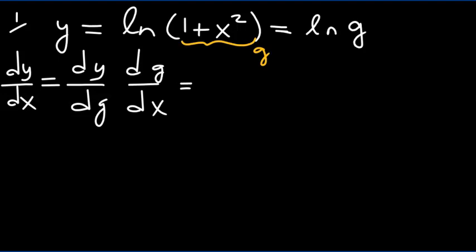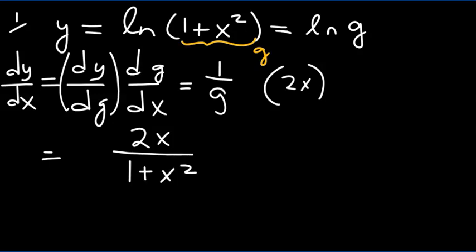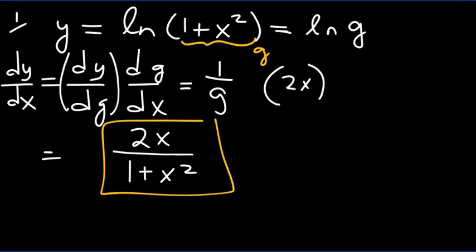So dy dg is 1 over g, according to the result that we have just presented a few minutes ago. And dg dx, where g is given by 1 plus x squared, is 2x. And putting everything together, you have 2x over 1 plus x squared. And that is the complete result for differentiating this entire function.